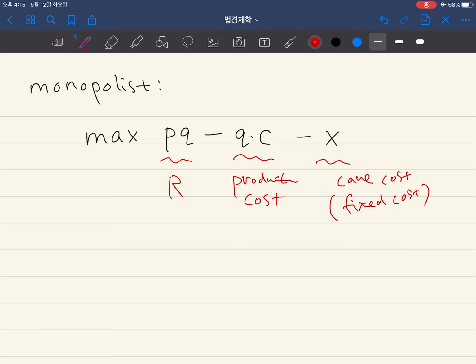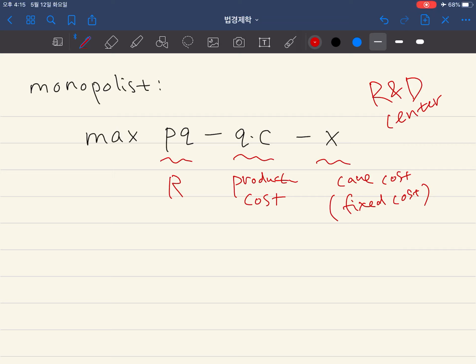So this kind of fixed cost can be thought about as, for example, if a firm makes an R&D center, let's say, to improve quality. This firm built an R&D center, so it spent a huge cost to build the R&D center, and even when this firm does not produce anything, it has to spend money to operate this R&D center.